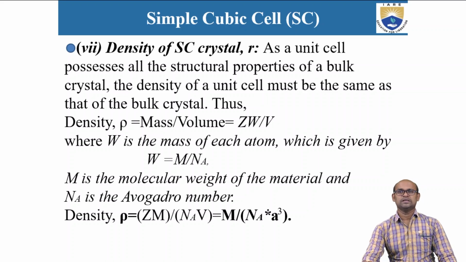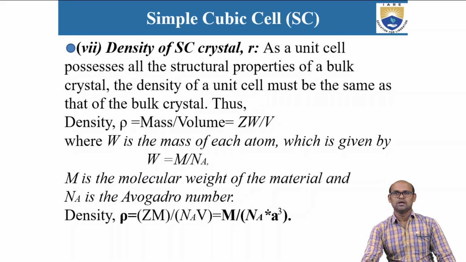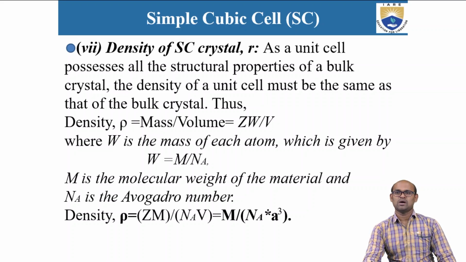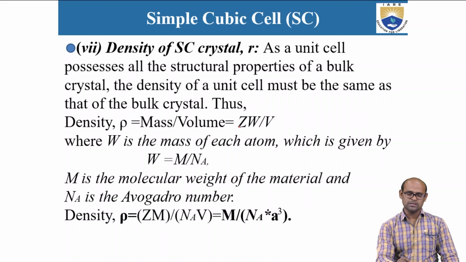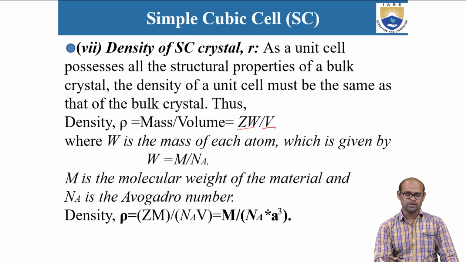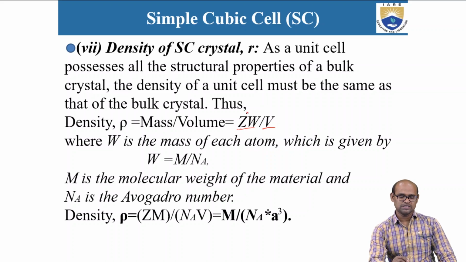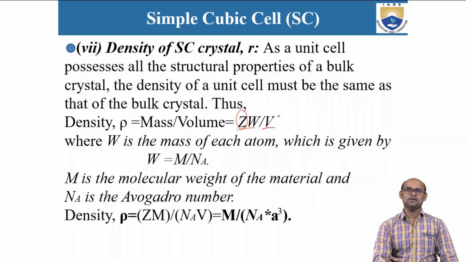Density is defined as mass per volume, and here we define mass as Z into W, divided by V, where V is the volume of the unit cell, Z is the effective number of atoms per unit cell, and W is the mass of each atom. So Z times W gives the total mass of the atoms present, divided by the total volume of the unit cell, which gives the density.